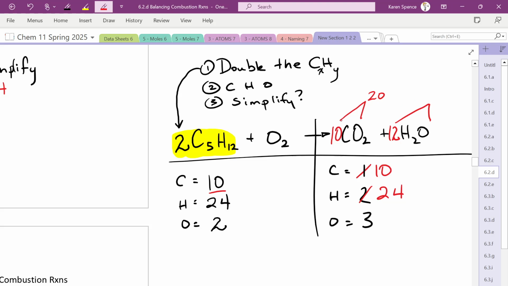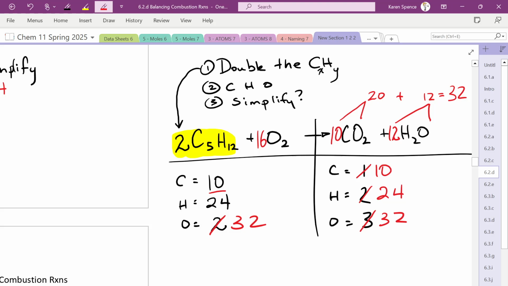I have 20 from the carbon dioxide, and I have 12 from the water, which gives me a total of 32 oxygens. So let's make that a 32. What times 2 gives us 32? 16. So I've got 16 O2, and that means now I have 32.